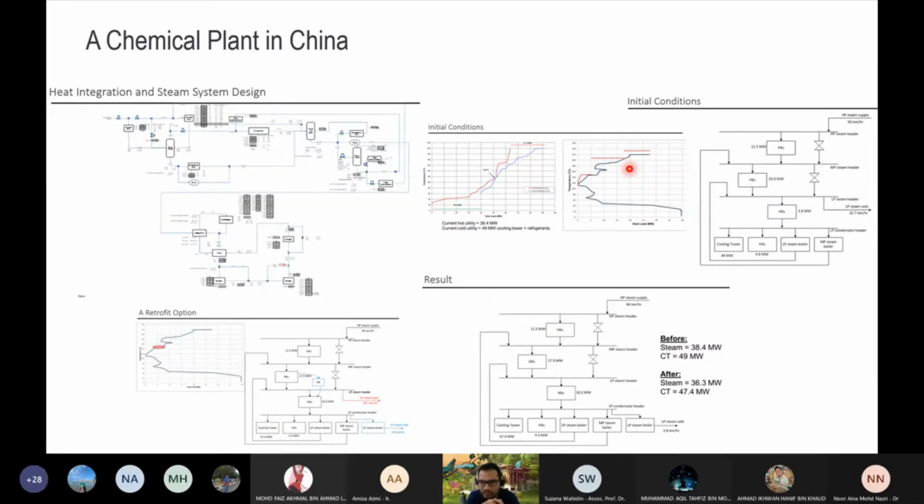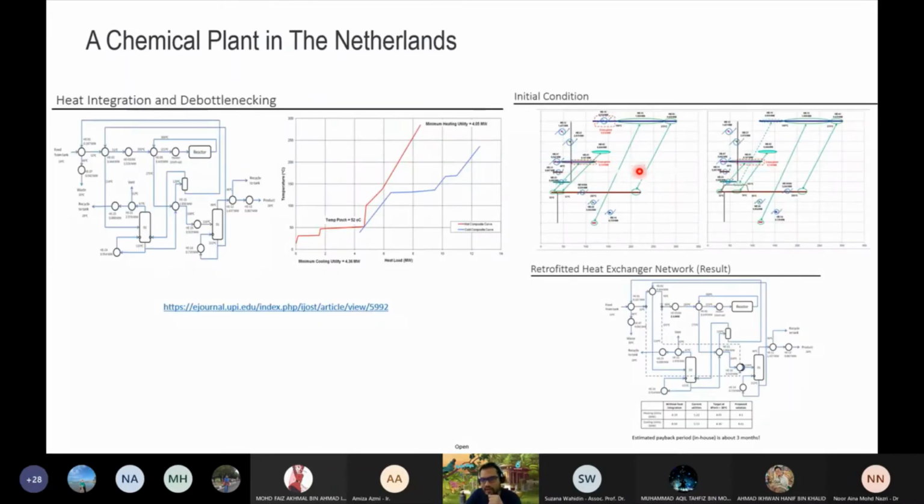Those things we can answer with the grand composite curve, and lastly with the grid diagram we can see whether some of the exchangers are violating some of the rules, and then make corrections based on that. So, I repeat, the composite curve is very important, the grand composite curve is for the utility, and the grid diagram is to evaluate and also modify how to design the heat exchanger network.